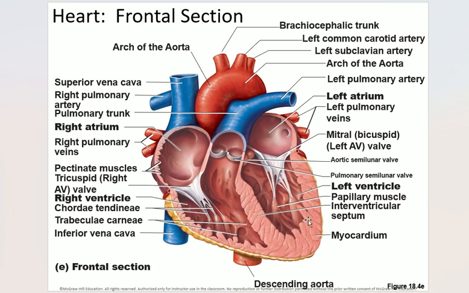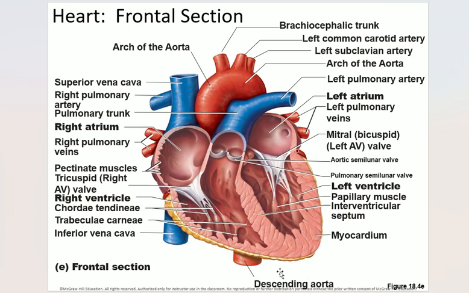Is it going to be the left ventricle, or the right ventricle, its neighbor? It's going to be the left ventricle, because the left ventricle is going to the whole body. There is more pressure that requires that muscle to move, and that's why the left ventricle has such a thicker muscle wall right here, and why the right ventricle is thinner.